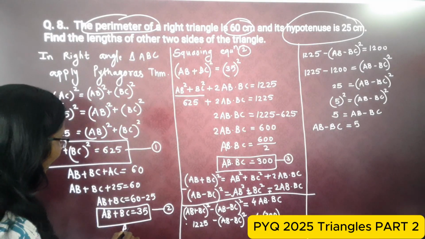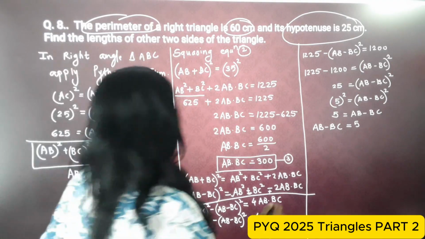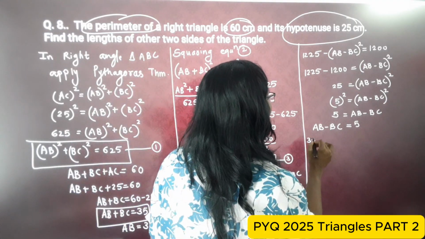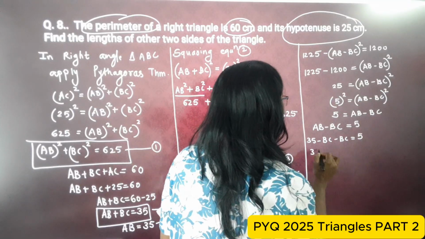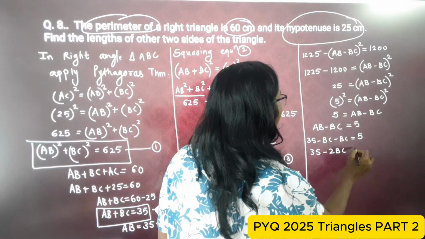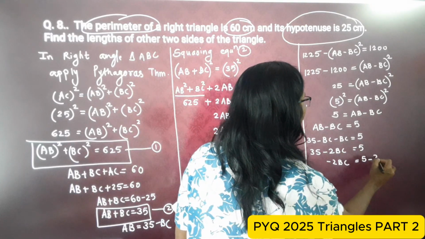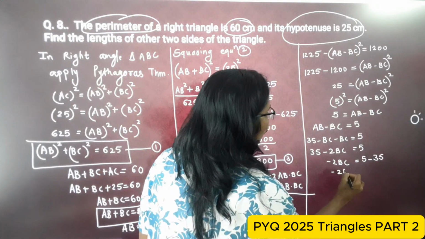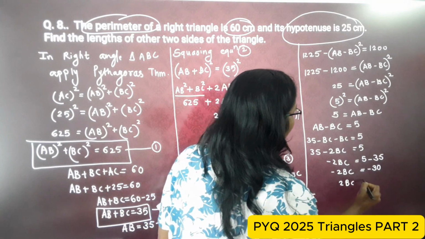So that means here we can write AB is equal to 35 minus BC. Okay. So now I put here 35 minus BC minus BC is equal to 5. So 35 minus 2BC is equal to 5. So here minus 2BC is equal to 5 minus 35, which is equal to minus 30. So 2BC is equal to 30.